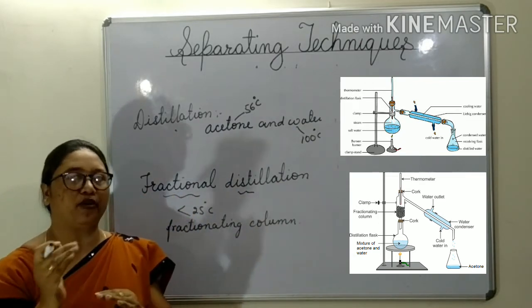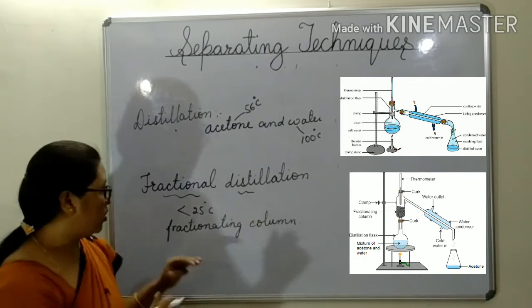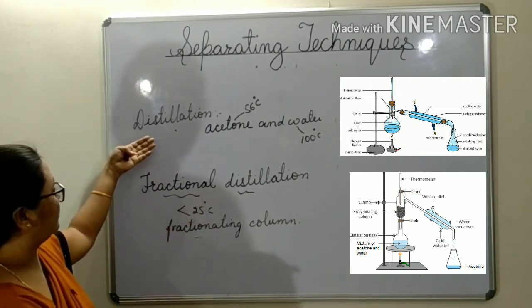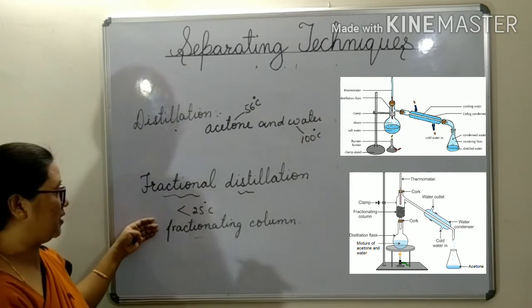So we get the pure form of the liquid which has the low boiling point. So this is the process of how we separate miscible liquids through distillation and fractional distillation.